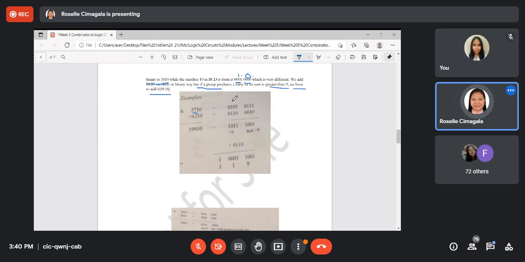The BCD representation of 5 is 0101, and 7 is 0111. Then the BCD representation of 62, that's 57 base 10, not 5710, and 62 base 10. 6 is 0110, and 2 in BCD is 0010.